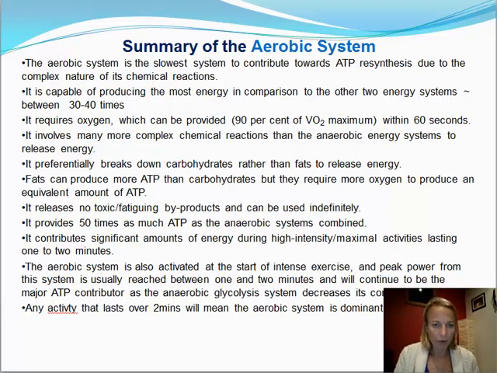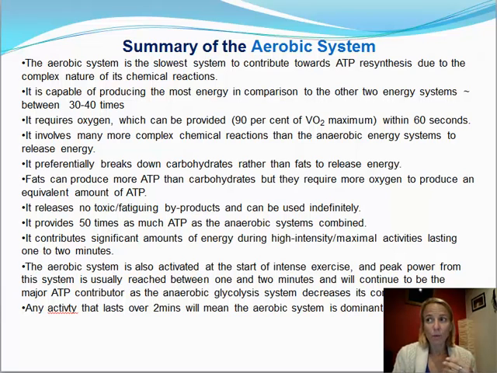So here's a summary of the aerobic energy system. Have a read through. The main points are that the system has a slower rate, but it's got a much bigger capacity. It can go for hours, days to provide energy. And although it has a slower rate, remember it is still activated as soon as we start exercising.